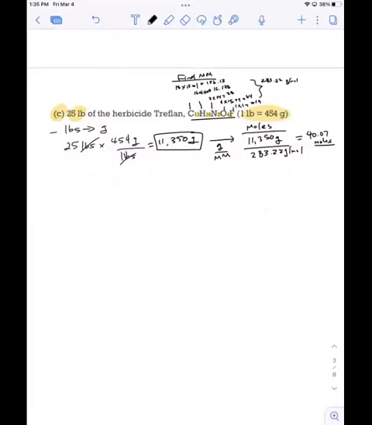Are you following that? The atoms are not going to disappear. The total number of moles is not going to change.